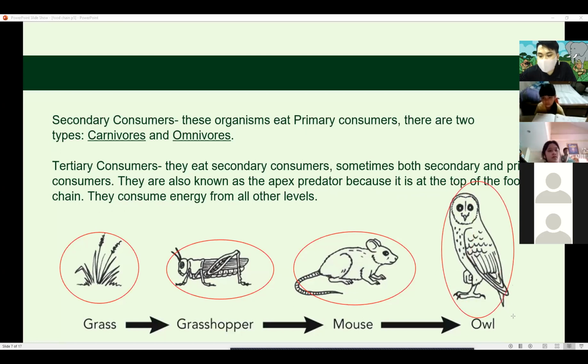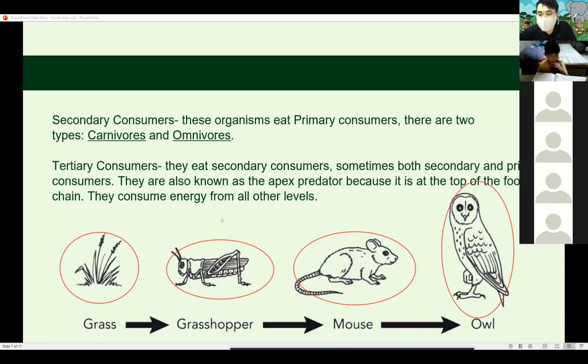So if you look at this picture, the owl is the tertiary, or the third, animal that can eat primary and secondary. Understand? Yes. Okay. So tertiary consumers, they eat meat only. They don't eat plants. All right?